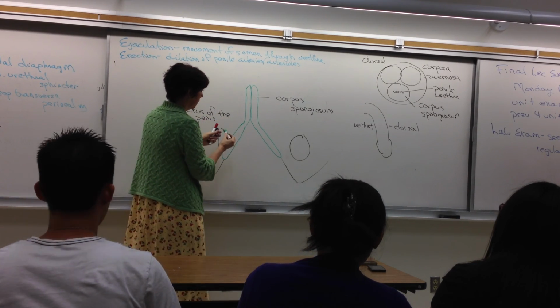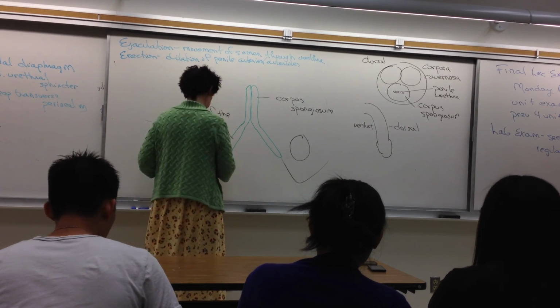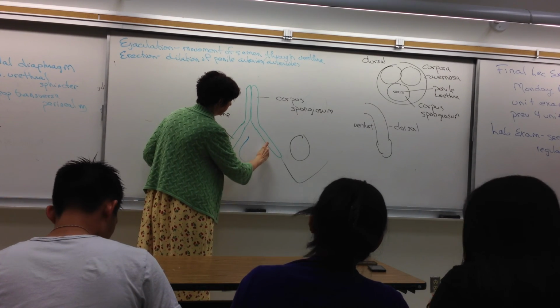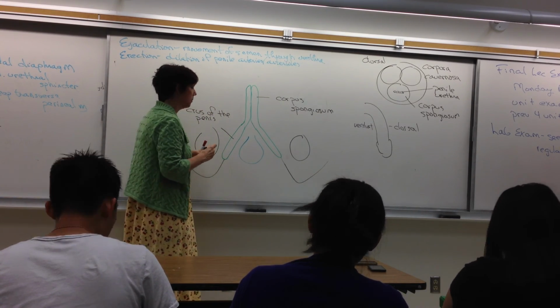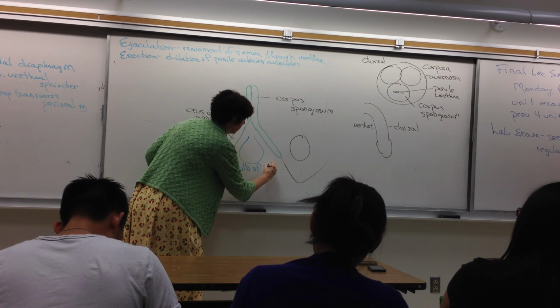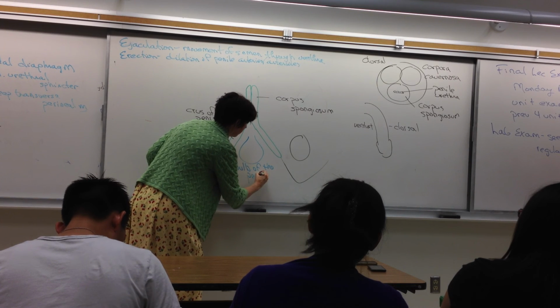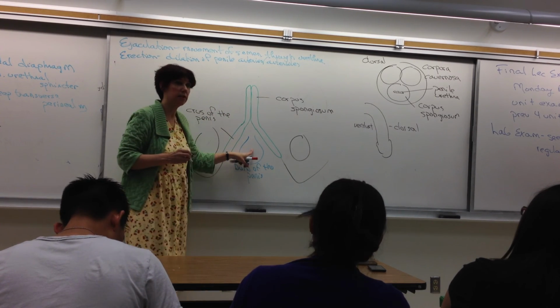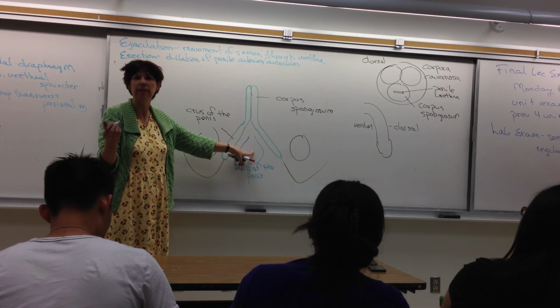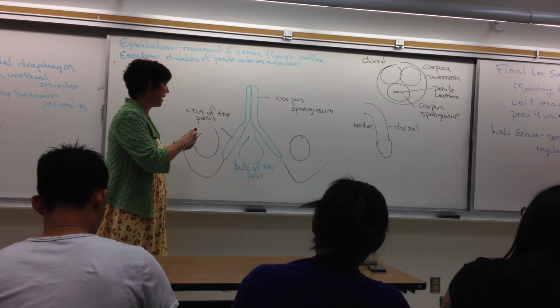Between these two, we have a single structure known as the bulb of the penis. The urethra enters the bulb of the penis. All right, so directly below the urogenital diaphragm, it's going to enter into the bulb of the penis.